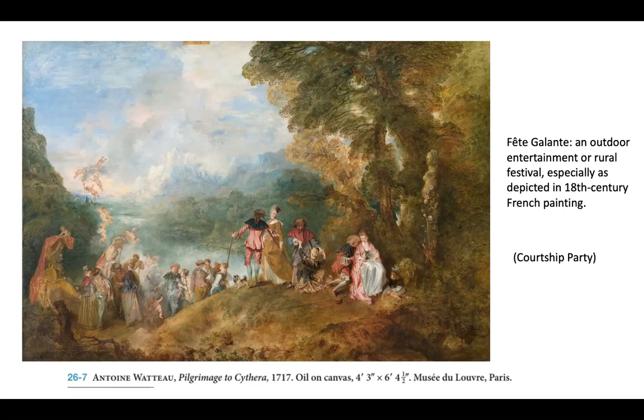And if you notice, this string of people from left to right or right to left, depending on how you want to read it, is these couples, and they're all in different levels of courtship. You see this couple on the right. The guy's leaning over her, and she's coyly looking away.